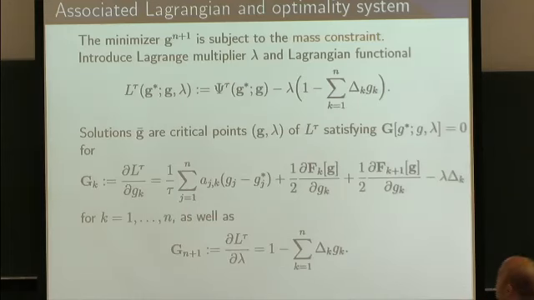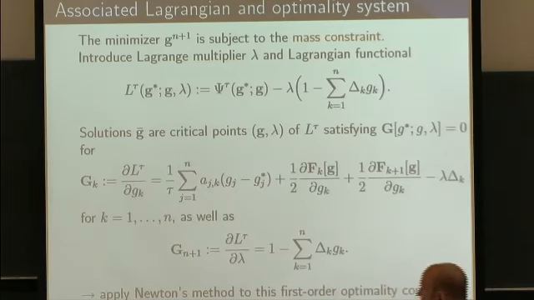Then we are looking for solutions, and these are critical points of the Lagrangian satisfying this necessary optimality condition, where this bold G is given by the g_k that you obtain by the partial derivatives of the Lagrangian, and for the last partial derivative with respect to the Lagrange multiplier, you recover the constraint, of course. And now it's a good idea to apply Newton's method to this first order optimality condition.